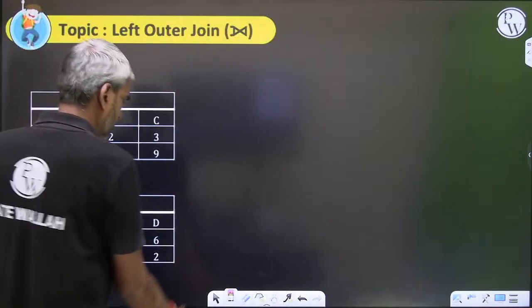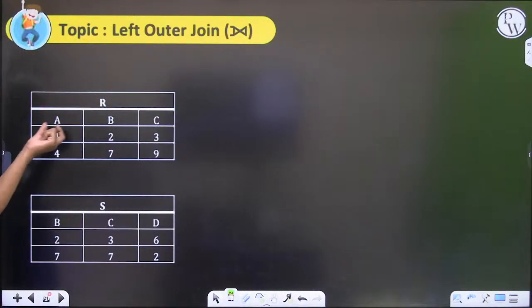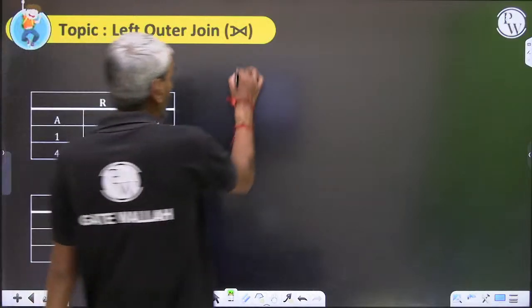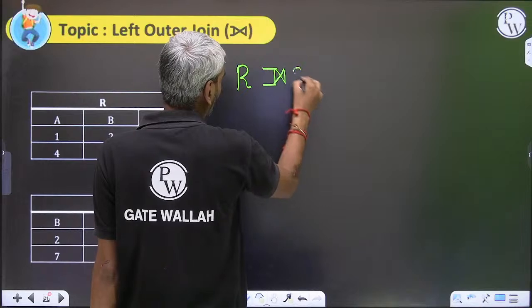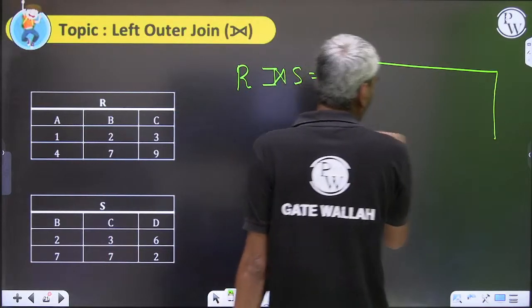Let us take an example. Let's assume this is your relation R with attributes A, B, C, and this is your relation S with attributes B, C, D. If you perform the left outer join of R and S, first of all you will have the tuples of natural join.